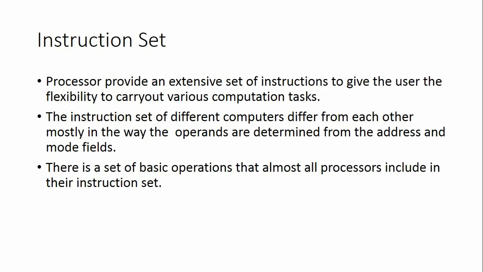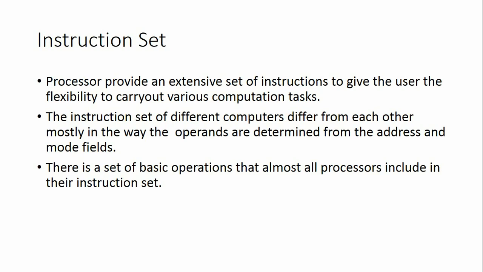First of all, our instruction set. Processors provide an extensive set of instructions to give the user the flexibility to carry out various computational tasks. The instruction sets of different computers differ from each other mostly in the way the operands are determined from the address and mode fields.